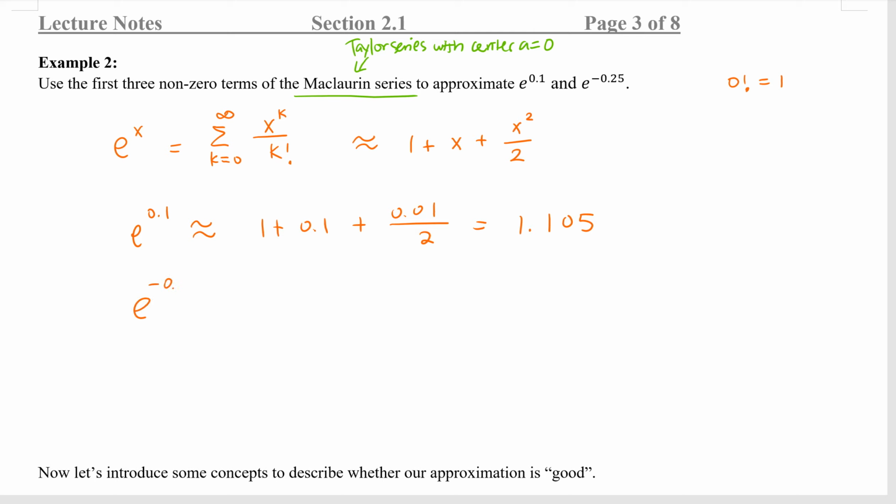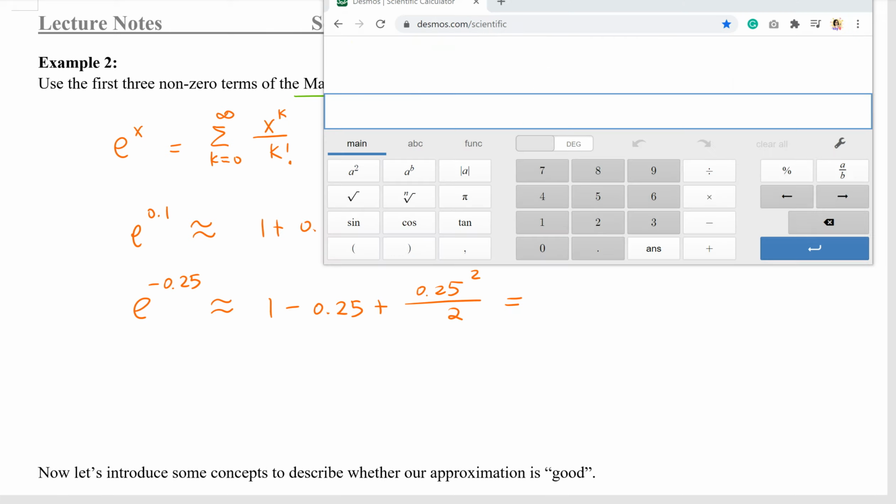How about e to the minus 0.25? Well, it's approximated by plugging in x as negative 0.25. The negative squared is positive, so 0.25 squared over 2. And what is that? Let's see. In our course, we will use a calculator a lot, so let me just pick an online calculator to show you.